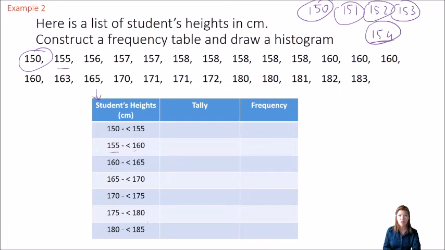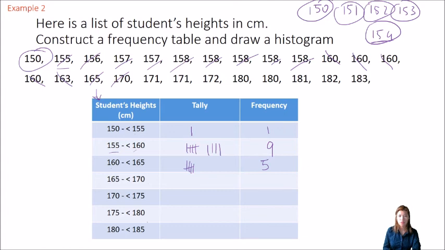So we have one value for 150 to less than 155. Then we have 1, 2, 3, 4, 5, 6, 7, 8, 9 values. Well, they're in order this time, so we don't really need to draw the tally, but I'm just putting it there so you can see 1, 2, 3, 4, 5 for the next bit. 1, 2, and that's it.